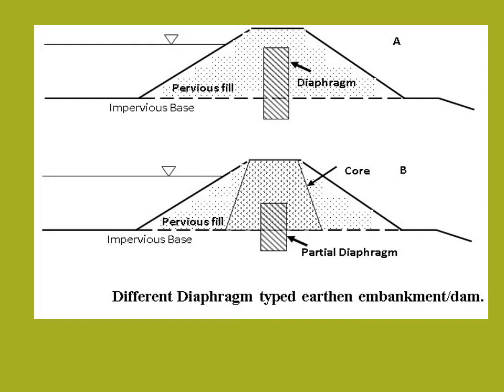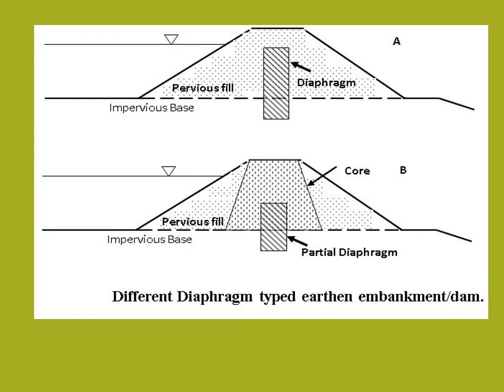Here you can see the figure of different diaphragm types based on earthen embankment. The top figure is showing the full diaphragm type because the height of the diaphragm is equal to the depth of water which is stored at the upstream side of the embankment.